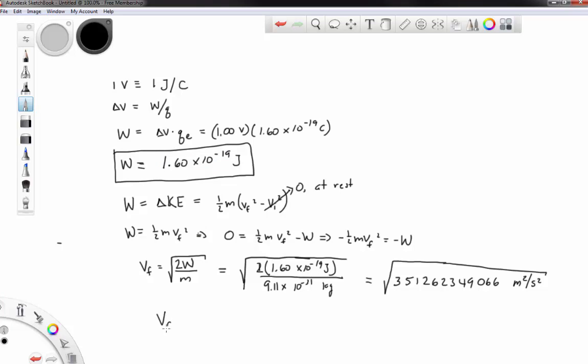So v final is 592,674 meters per second, or if you want to put it in scientific notation, 5.92674 times 10 to the 5th meters per second.